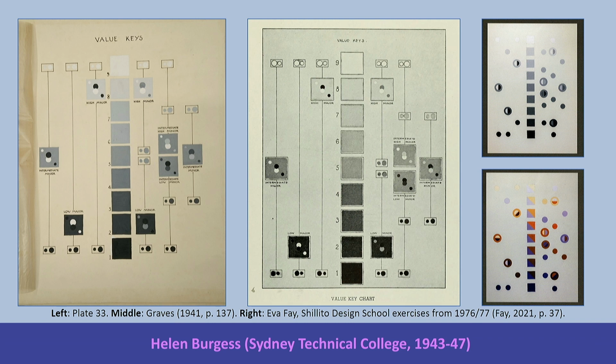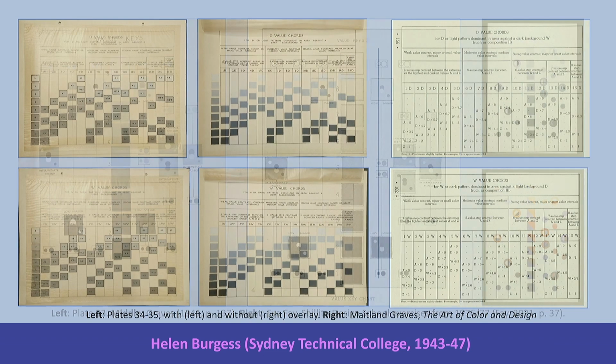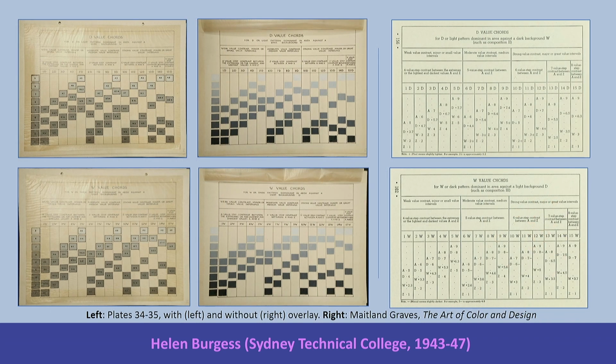Okay, so it's just a way of classifying groups of values, but based on the Munsell system. And this continued to be used right up to Eva's portfolio from almost the end of Shillito's career, and you keep seeing some variations on this diagram, and on these what were called value chords.